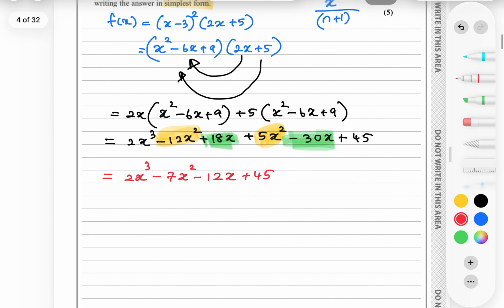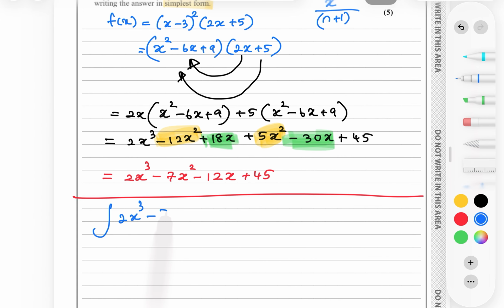Now let's go to the integration. We integrate 2x to the power 3 minus 7x squared minus 12x plus 45 dx.